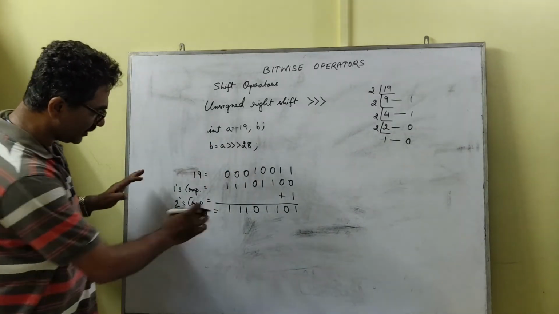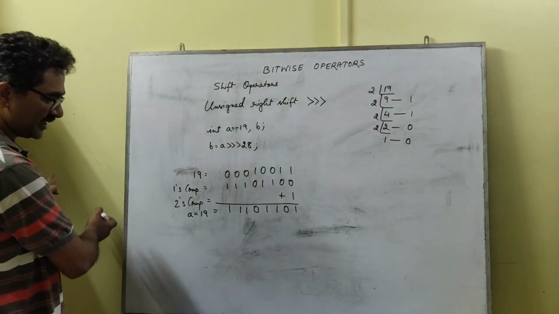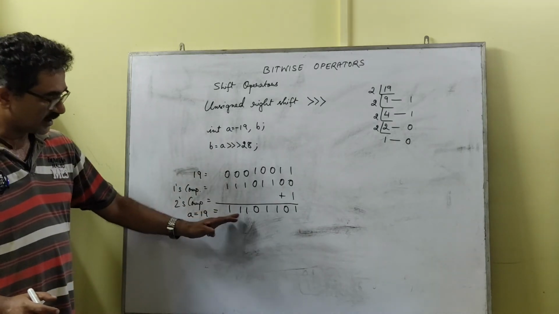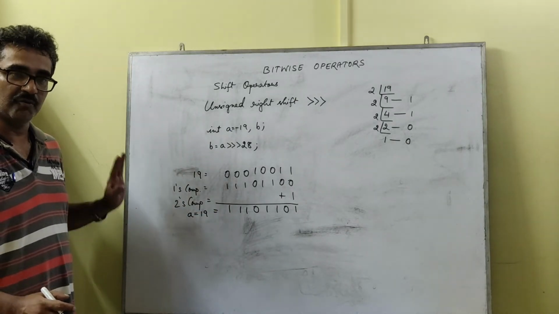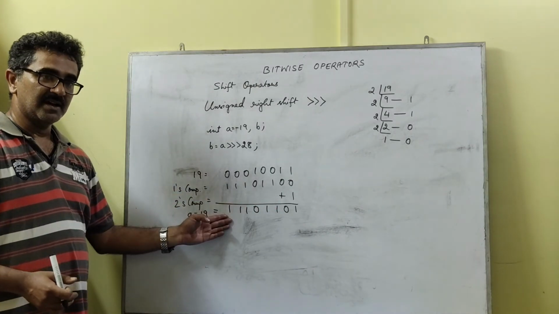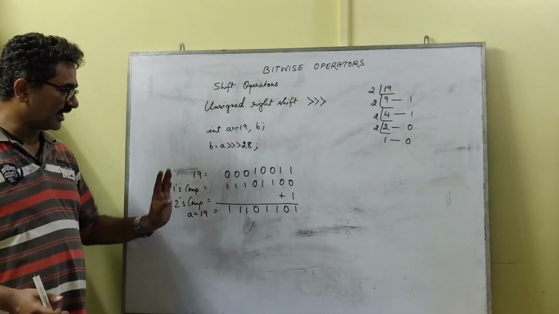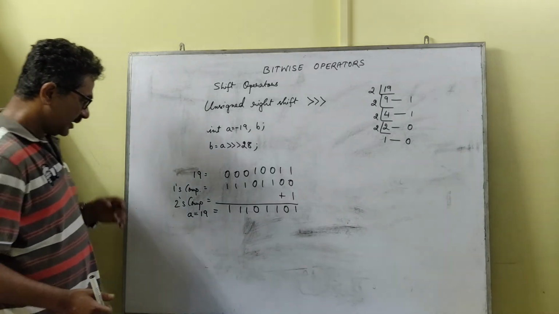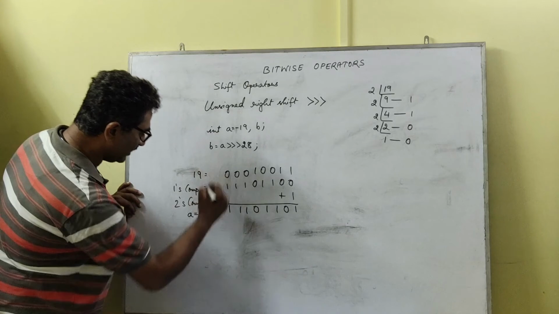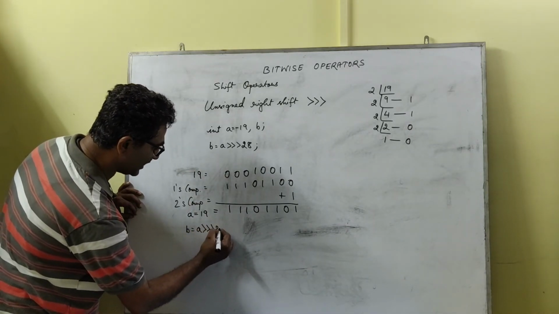Now remember, this is only the last 8 bits, the remaining 24 bits are all filled up with 1. So here we have 8 bits followed by the remaining 24 bits, which are all filled up with 1. So here what I have written is B equal to A unsigned right shift 28.